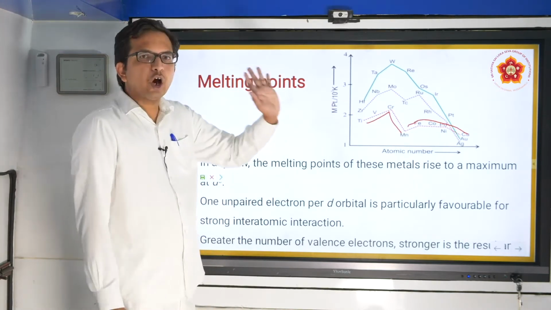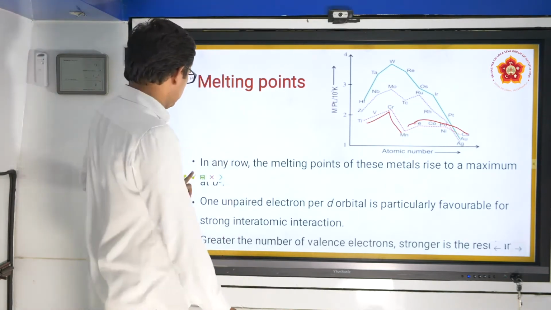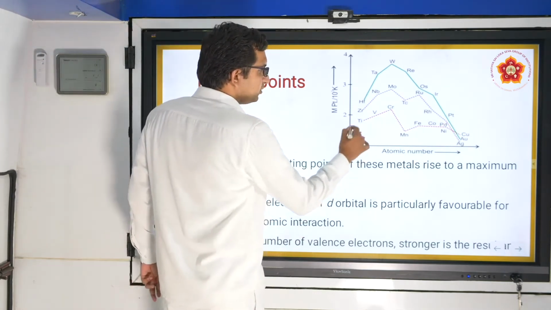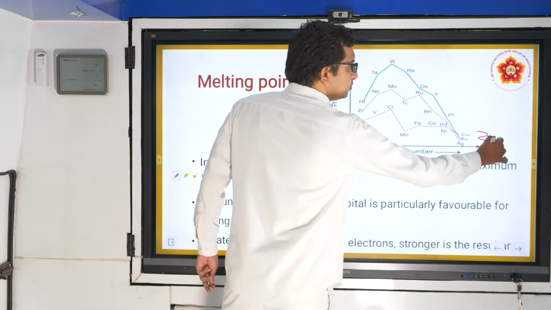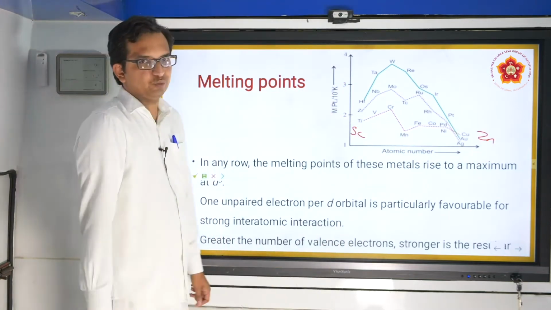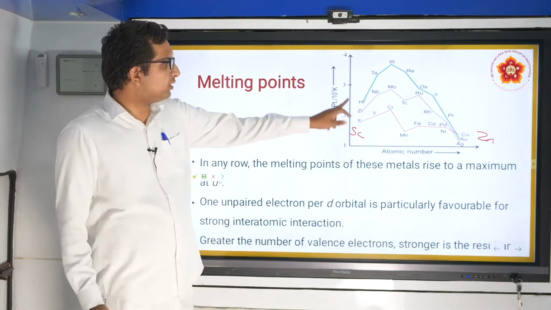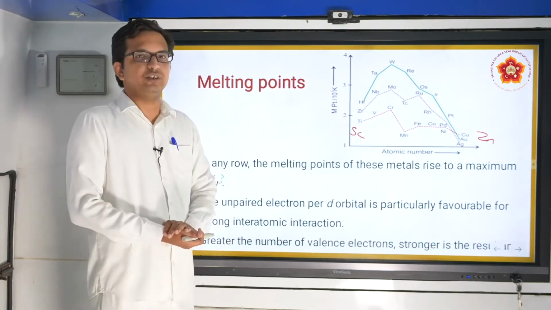I am going to talk with respect to 3D elements only, where you can see that the starting scandium is missing and the ending zinc is missing. Why is this so? This is because these elements do not come in the range of these melting points.